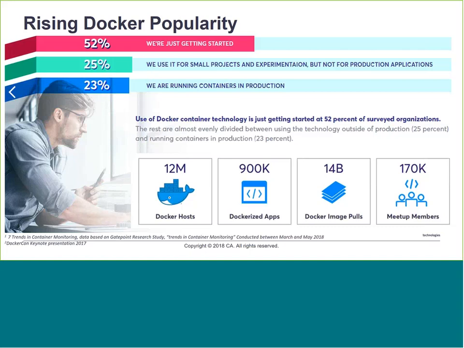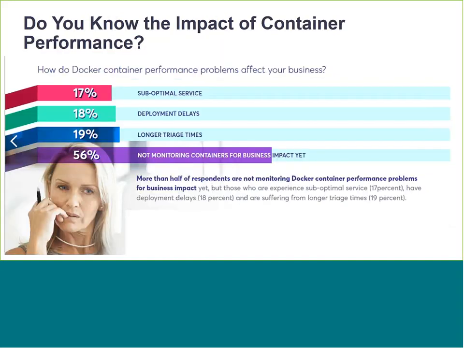The majority are still using containers more in a dev stage than in production. But with customers that have moved down this journey, once it gets into dev, it rolls out very quickly into production. Because of the portability of containers, the barriers to moving them into production have been removed.